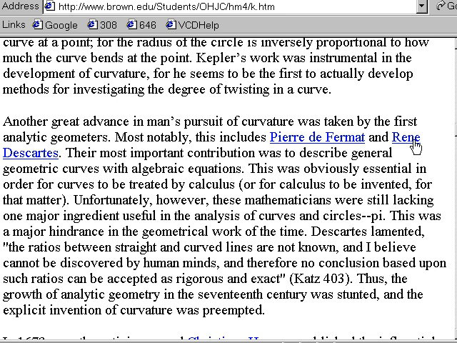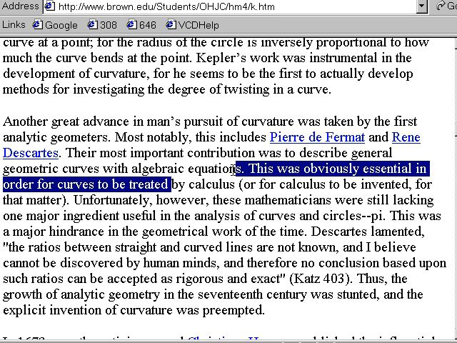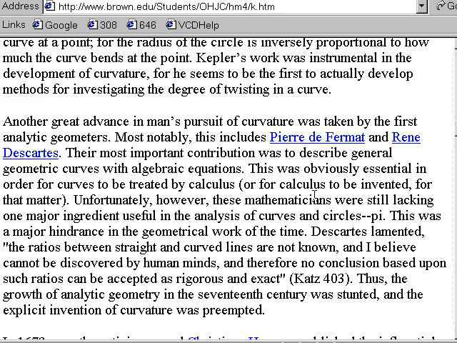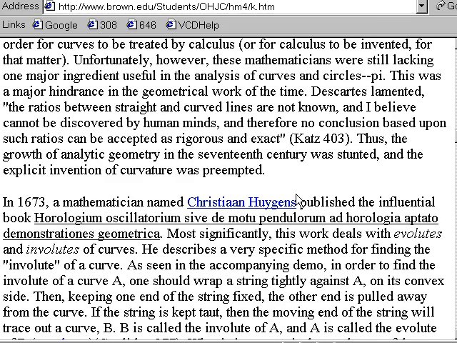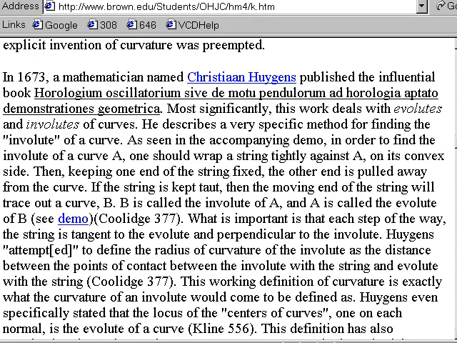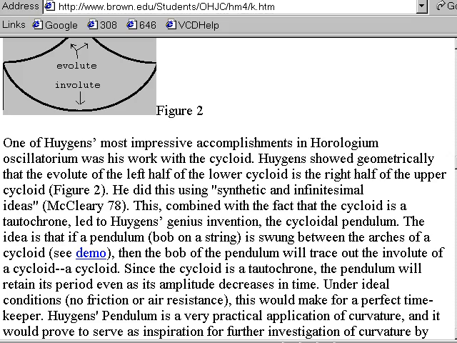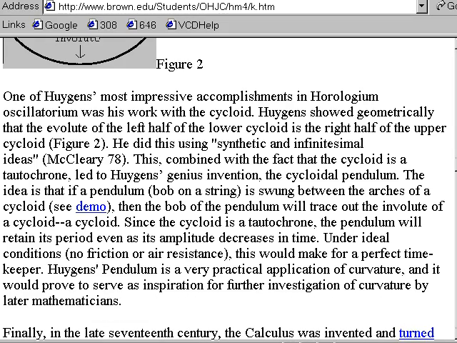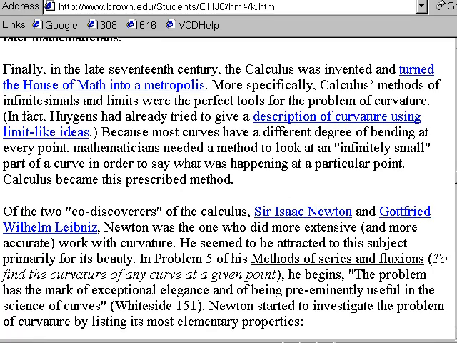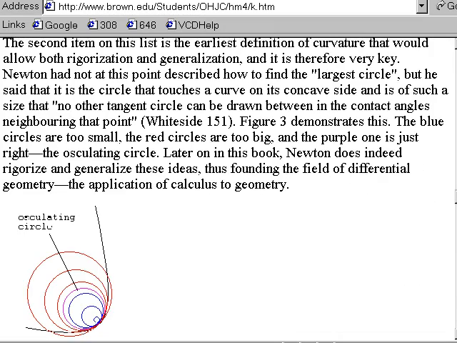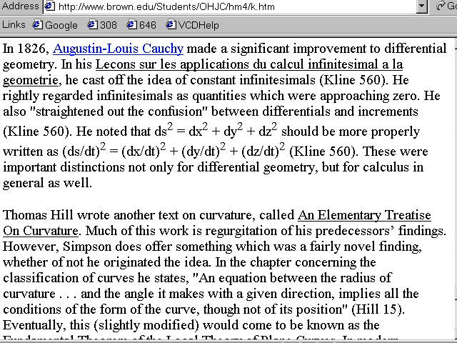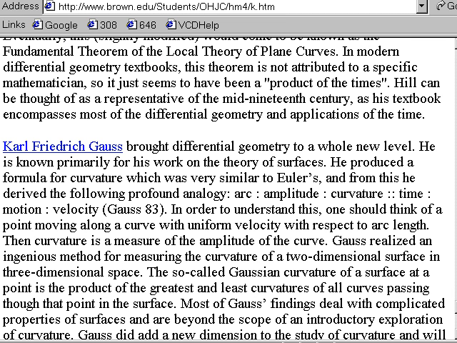And finally, when it became possible to describe geometry in terms of coordinates and algebraic curves, in other words, with Fermat and Descartes, they were able to describe general curves with algebraic equations, algebraic geometry. Now, when calculus was invented, they were able to look at derivatives and define what's called differential geometry, and define curvature in terms of derivatives.